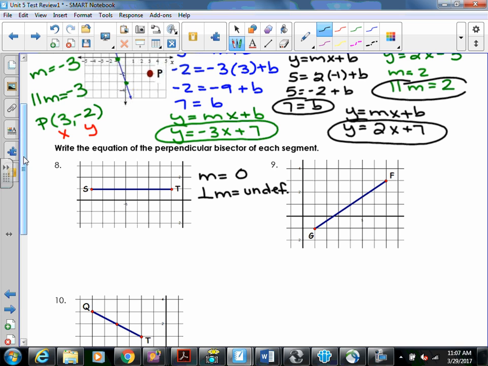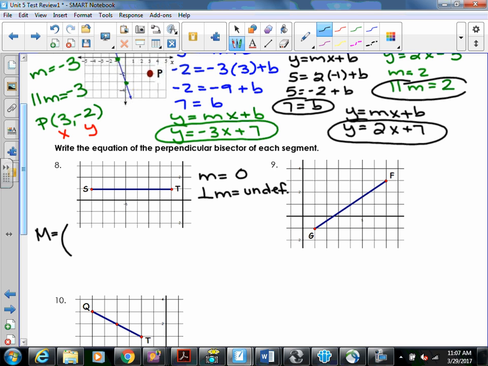Now, in this case, we do need the midpoint. We can get the midpoint of this line by either counting halfway or adding the x's and dividing by 2, and then adding the y's and dividing by 2. Let's do the midpoint. All right, so the coordinate for this point S is, let's see, let's do T first.